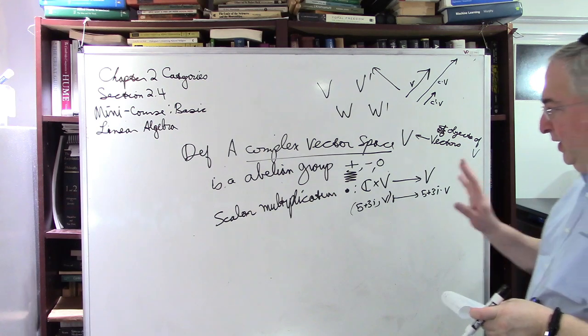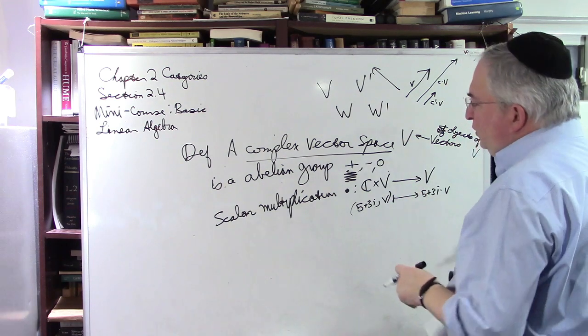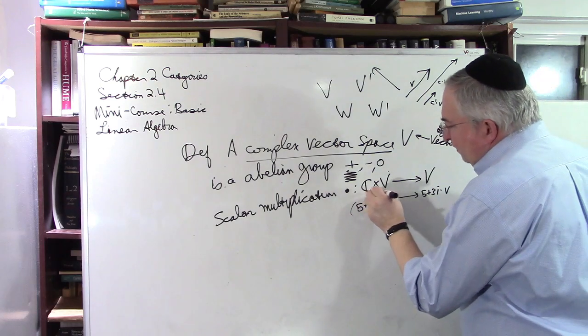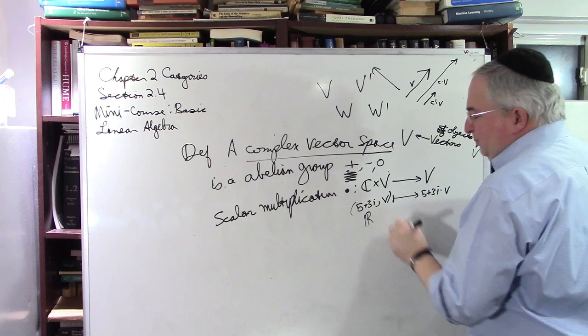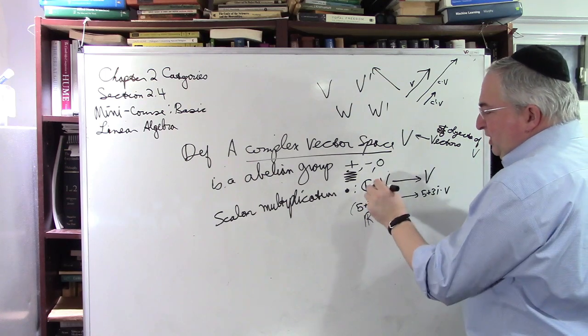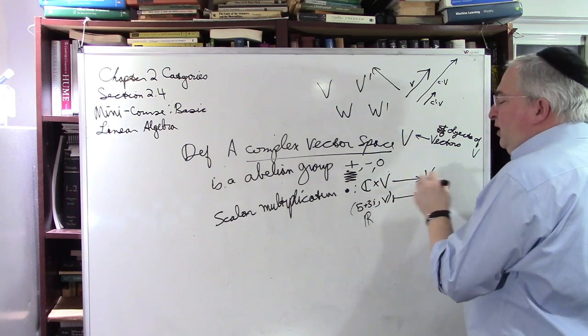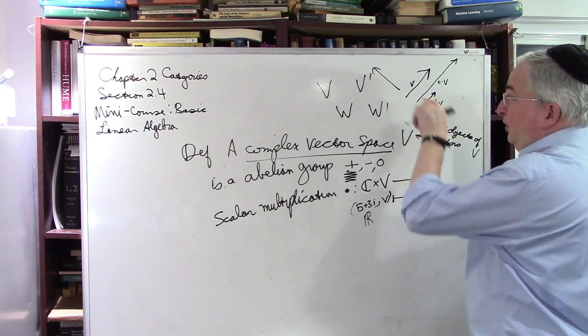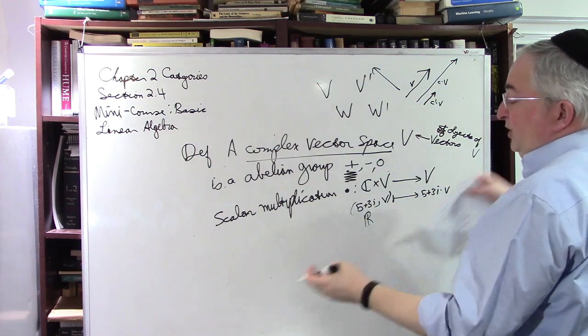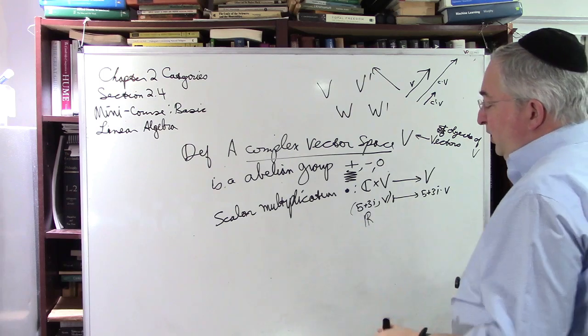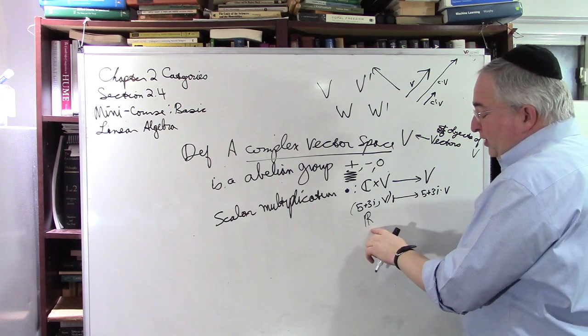Okay, now I just want to say you can also talk about real vector spaces, and probably if you've ever taken a course on this, you'll have talked about real vector spaces. It's the same thing here, but instead of complex numbers, you do it with a real number. And that really fits in better with this intuition. You can stretch something by a real number or shrink it. If the number's more than 1, you're stretching it.